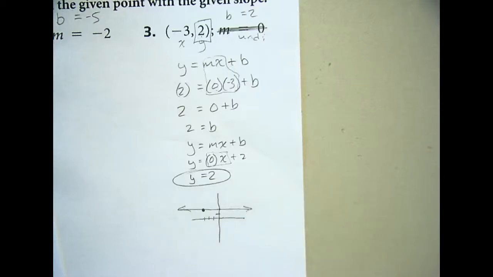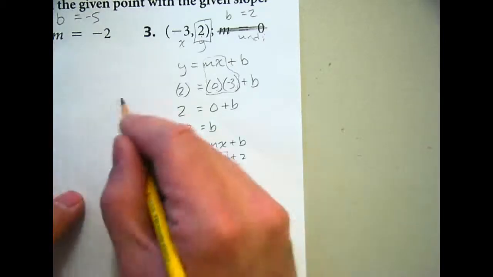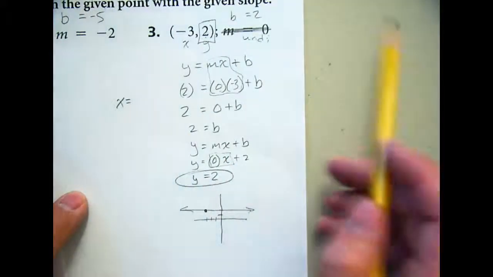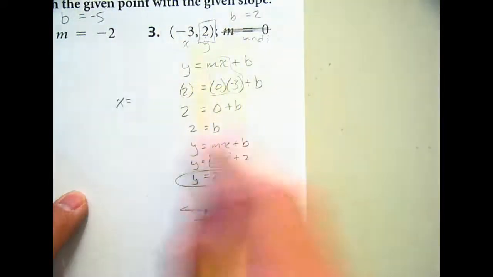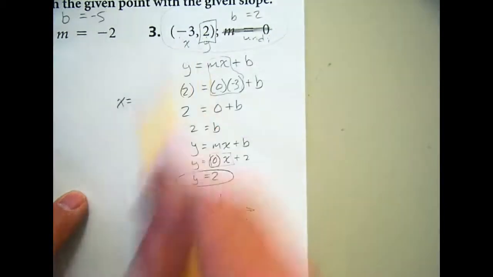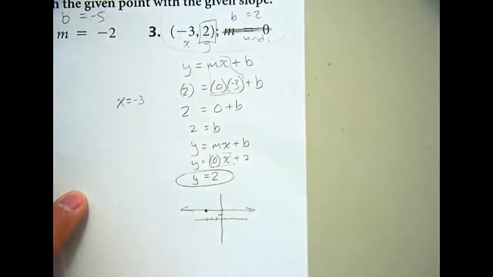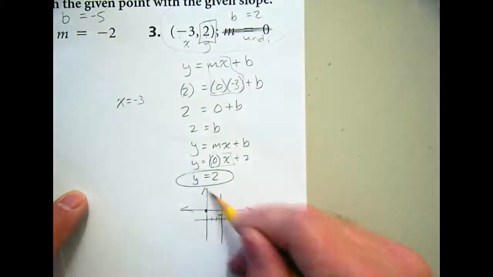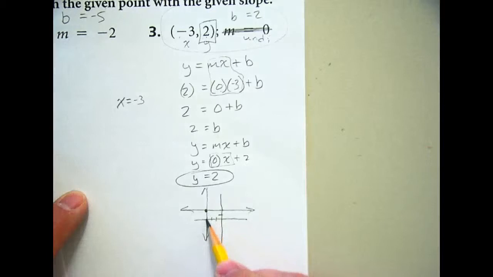Okay? A couple of you saying X. It's going through X, right? So that means it's an x equals equation. In this case, it would be x equals, what point does it go through on x? Annalise? Yeah, -3. X equals -3. It would be going this way then, right here. If it was straight up and down, going through -3.